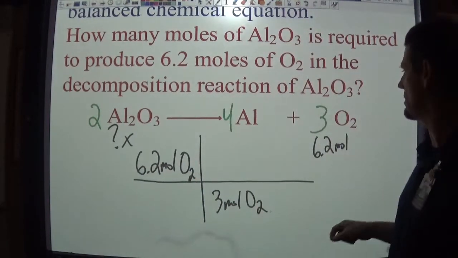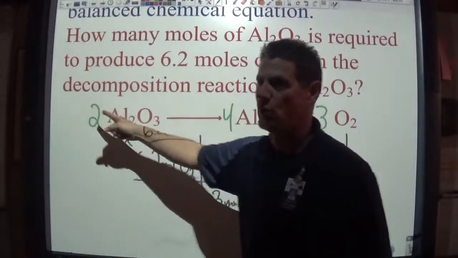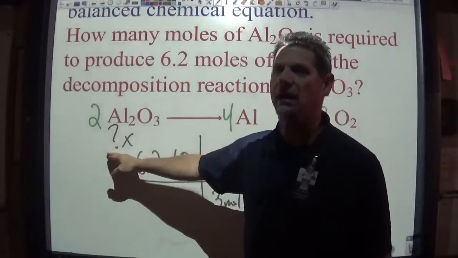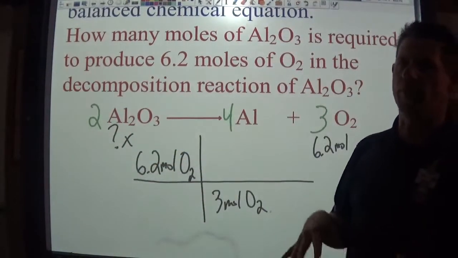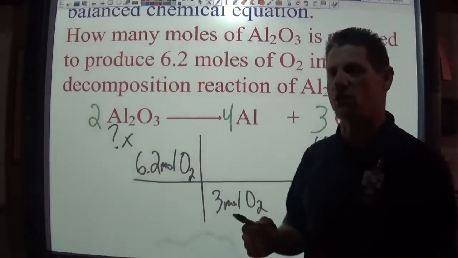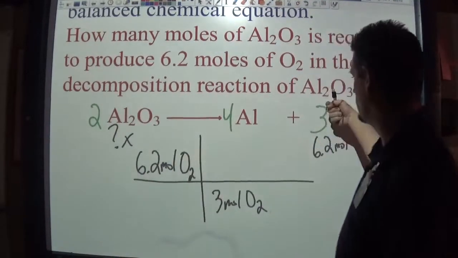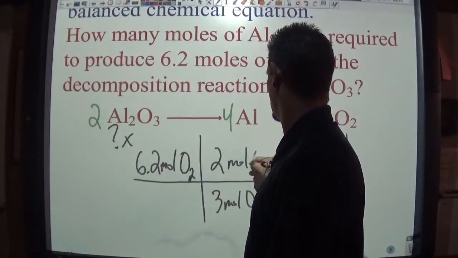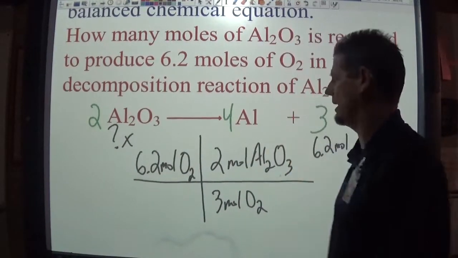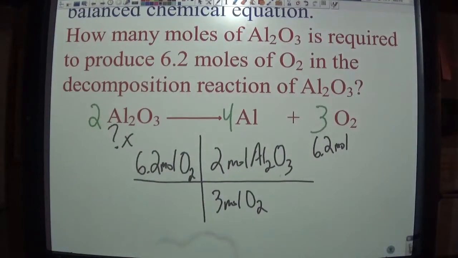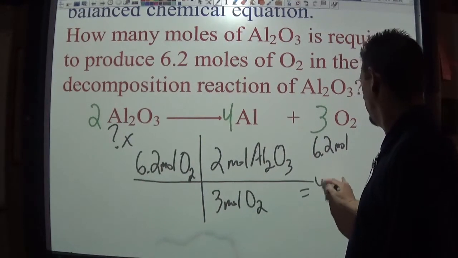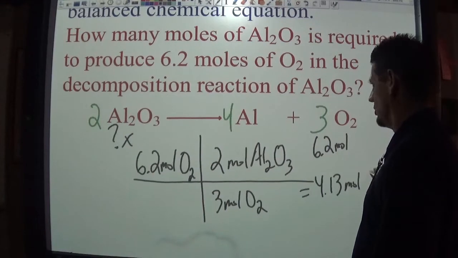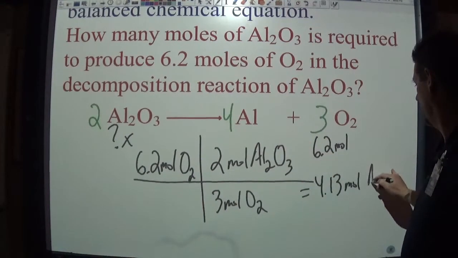So the ratio is like 3 is to 2 as 6.2 is to X. But the easiest way to rearrange that equation to solve for the missing variable is to divide by this one and multiply by that one. So the 2 moles of Al2O3 goes on that side. All I have to do is take the 6.2 times 2 divided by 3, and you should get an answer of 4.13 moles of Al2O3.